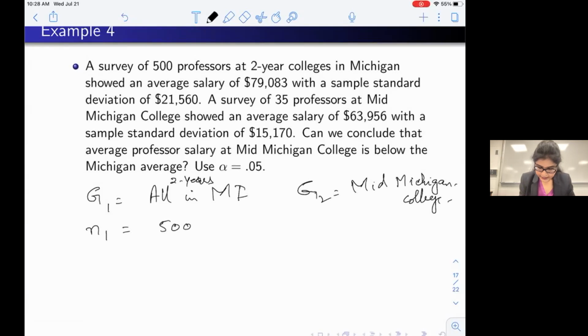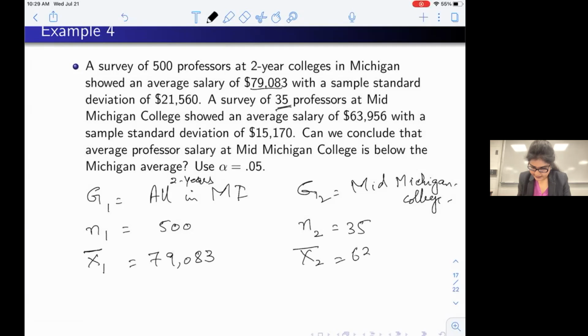And the sample size from Mid-Michigan College, the professors they studied, is 35. n2 is 35 for the second group. x1 bar, the average salary for all 2-year colleges, they found $79,083, and x2 bar, the average salary for the 35 Mid-Michigan College professors they studied, is 63,956.